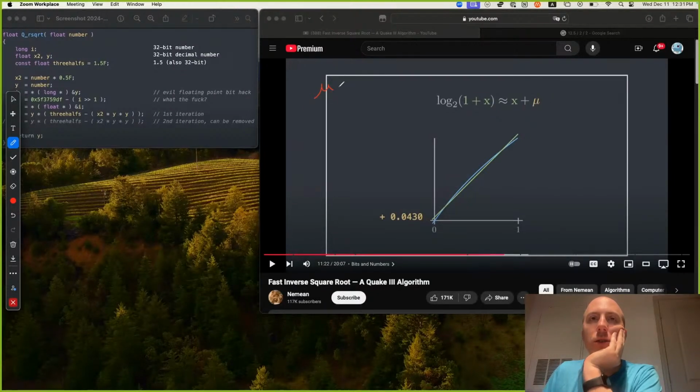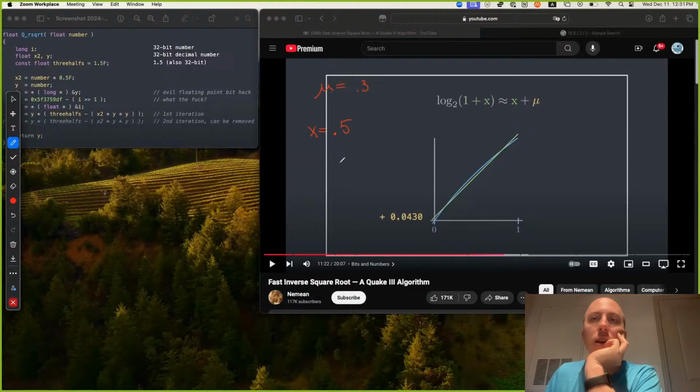If we chose, for example, mu is equal to, I don't even know, 0.5, just a random value, then we could look at... let's say mu is equal to 0.3. And let's look at the value x is equal to 0.5.